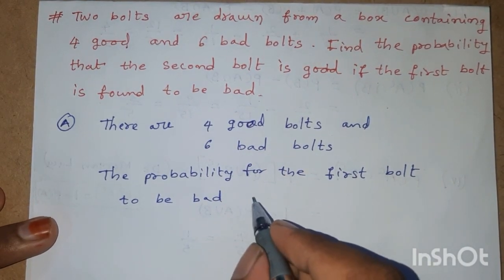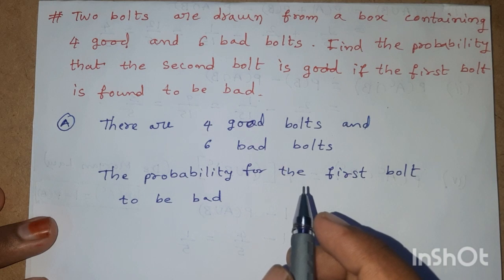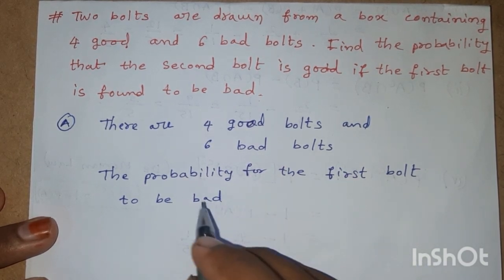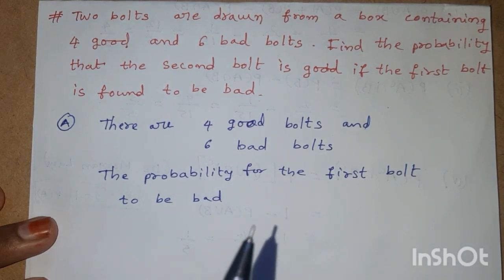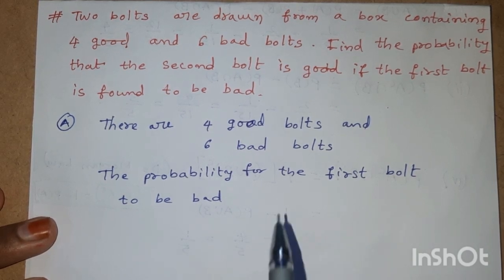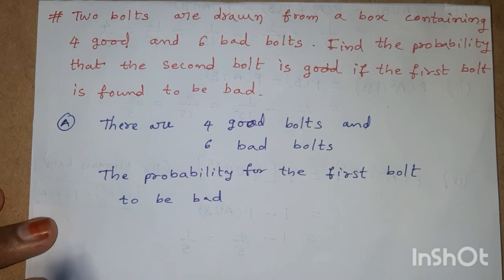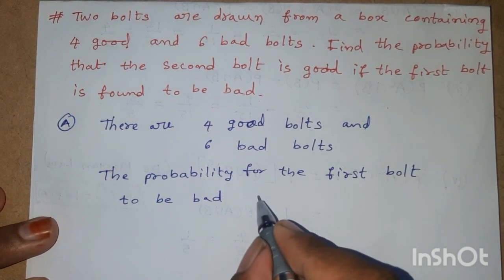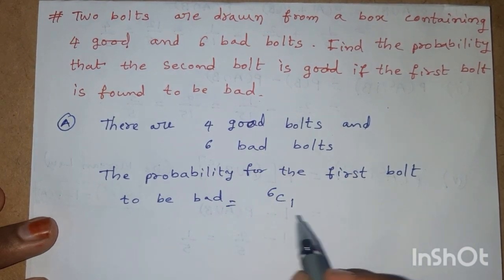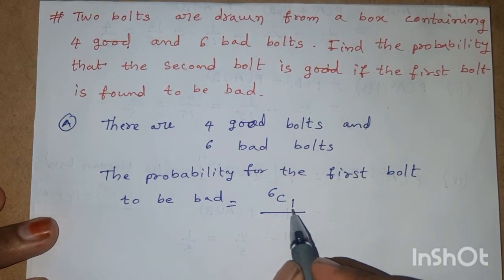Now, number of favorable cases by number of exhaustive cases, that is the probability. Here the number of favorable cases of getting bad: we have to select a single bolt among how many bolts? Since there are 6 bad bolts, among those 6 bad bolts we have to get a single bad bolt, therefore it is 6C1. Okay, this is the number of favorable cases.